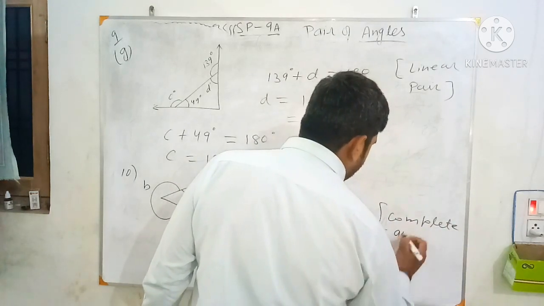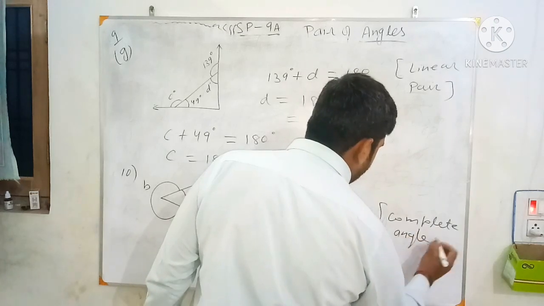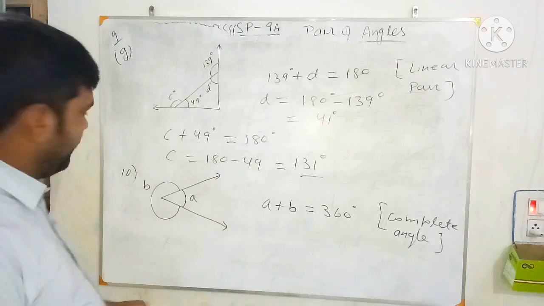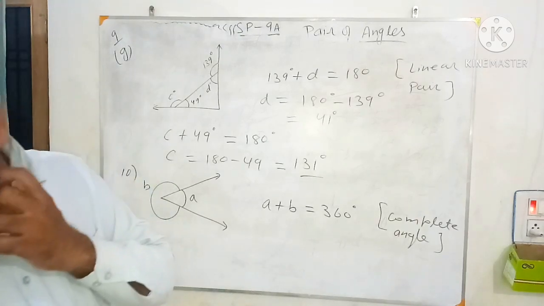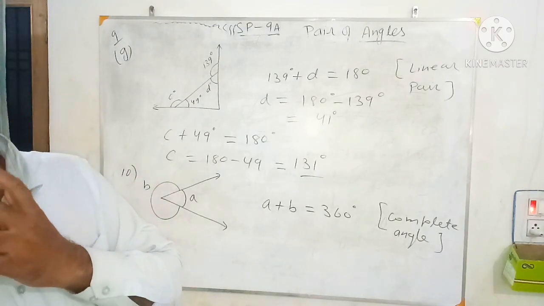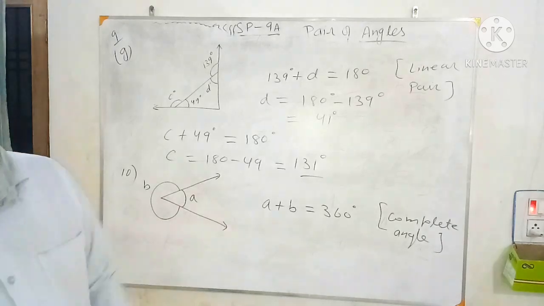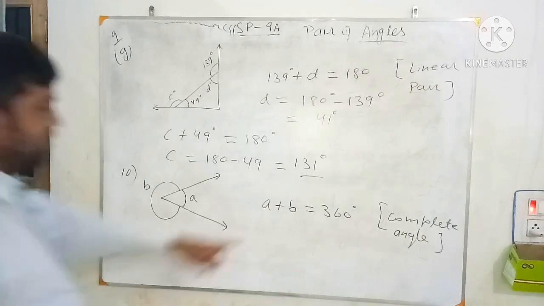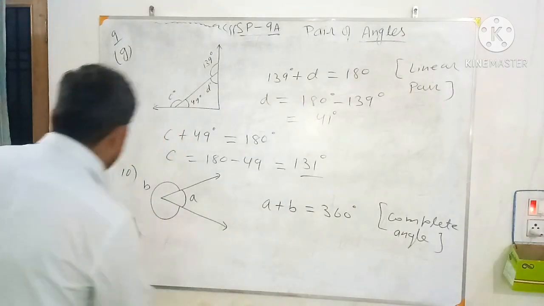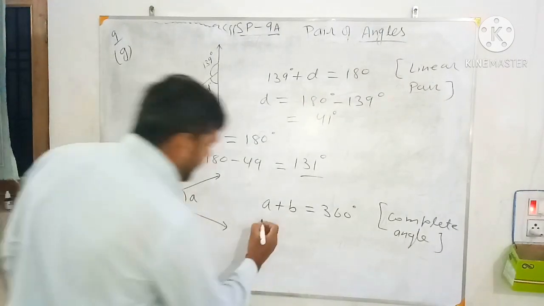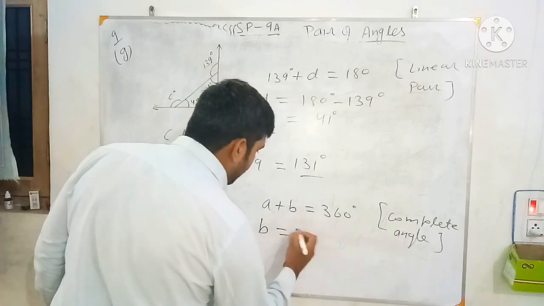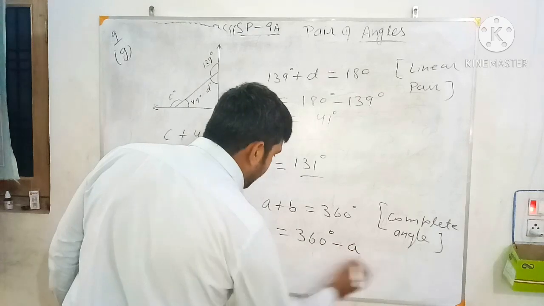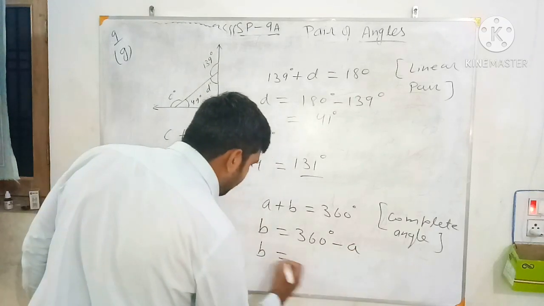So complete angle is 360 degree. Here you have to calculate angle B if A is 110 degree. So angle B is equals to 360 degree minus A, and the measurement of A is given.